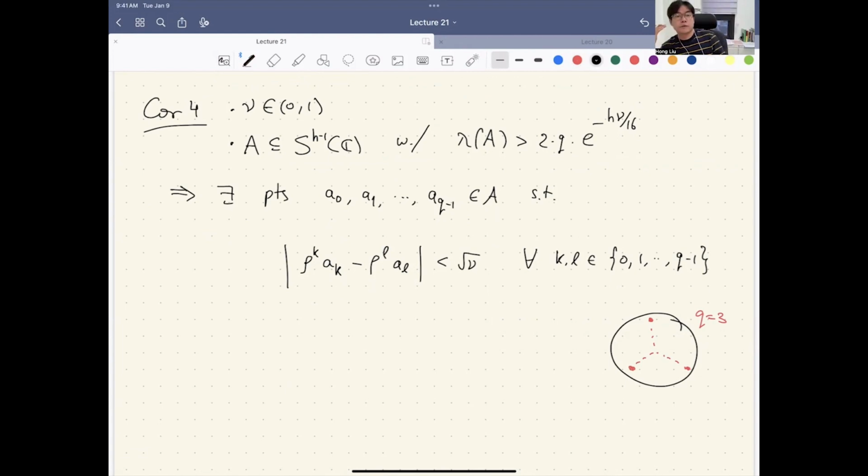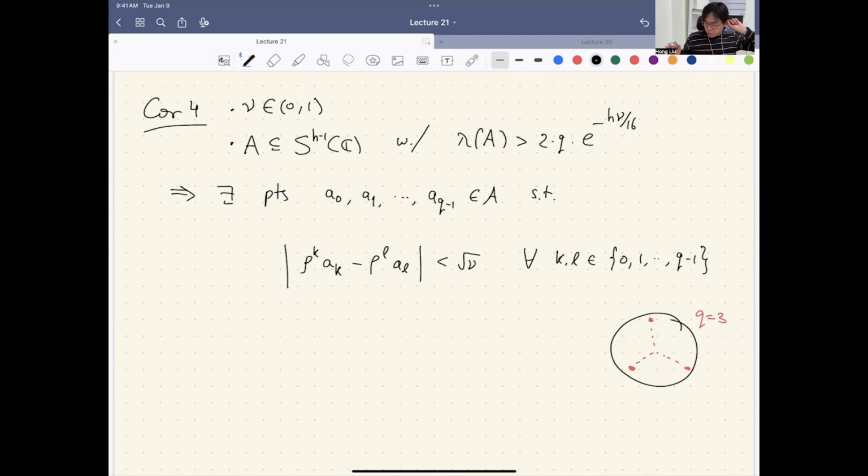We can think of this as a complex version of the well-known fact that in a high-dimensional sphere, whenever you take a subset of positive measure, it contains 2 points that are almost antipodal. But now antipodal is like north and south, right? We are in a complex setting, so we introduce rotation, at this equal angle rotation.